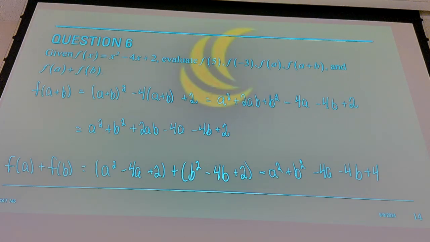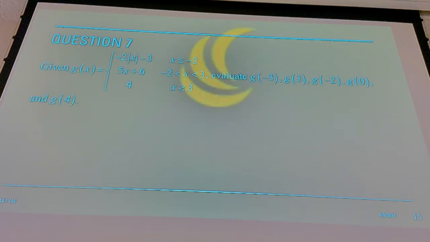So there's also a special type of function known as a piecewise function, or a piecewise defined function. And it's just as you think, it's broken into pieces. These are, again, fairly straightforward rules.